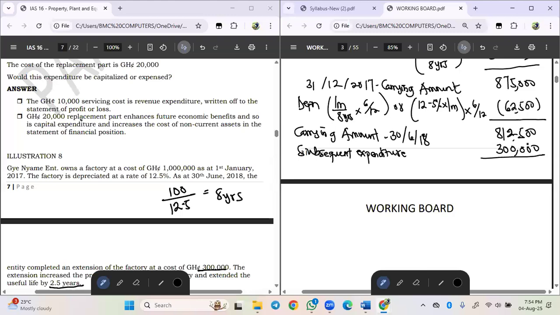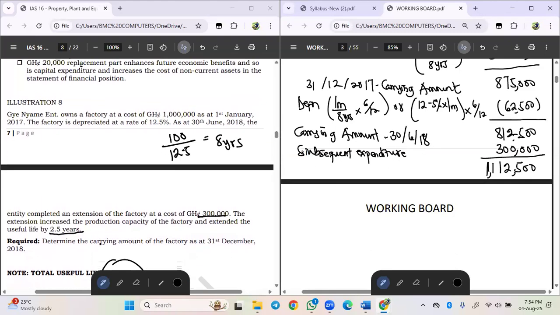So now the new cost of the assets, or the revised cost, will be $1,112,500. So this one is still as at 30th June 2018.